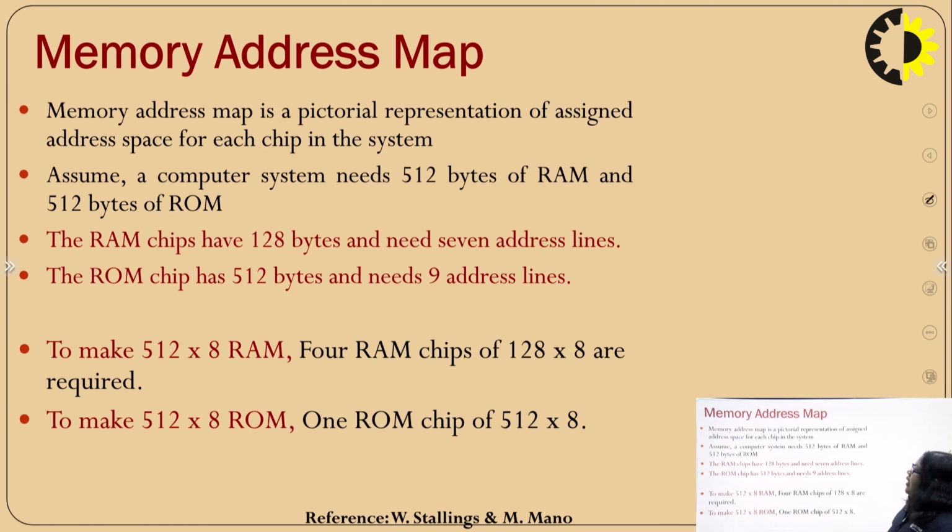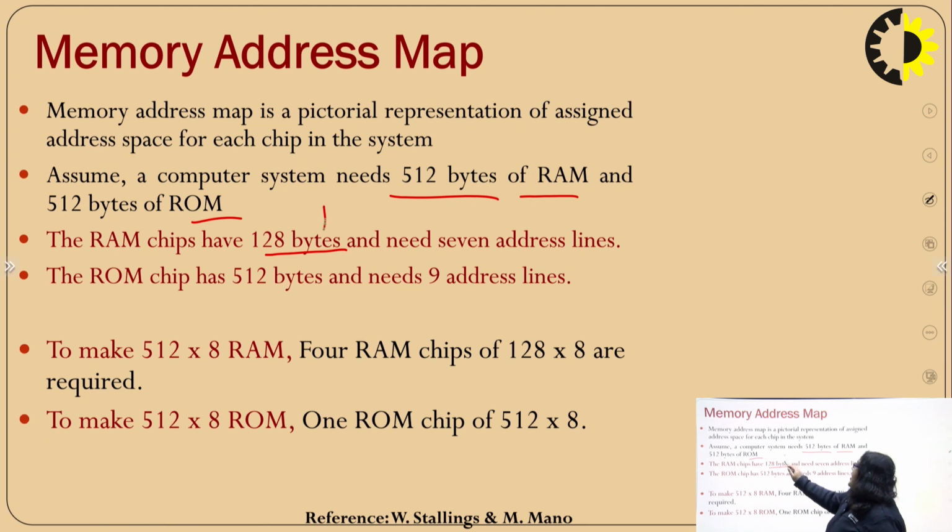Assume that a computer system requires 512 bytes of RAM and 512 bytes of ROM. The RAM chip has 128 bytes, which means 128 multiplied by 8, and the ROM chip has 512 bytes, which means 512 multiplied by 8.